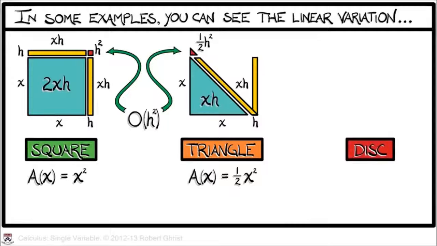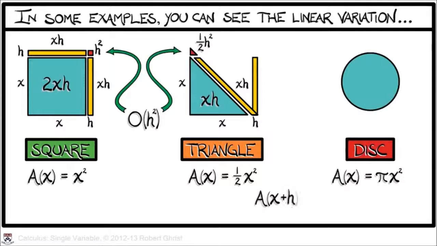Lastly, for a circular disk of radius x, we have that the area is pi times x squared. What does the variation look like in this case? A of x plus h is pi x squared plus 2 pi x h plus pi h squared.